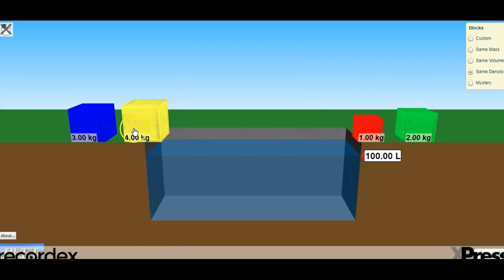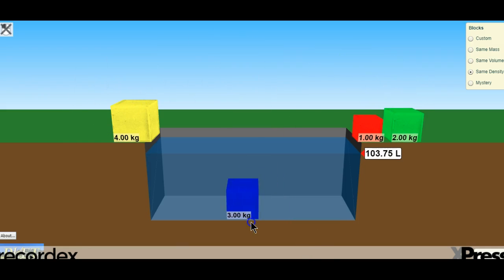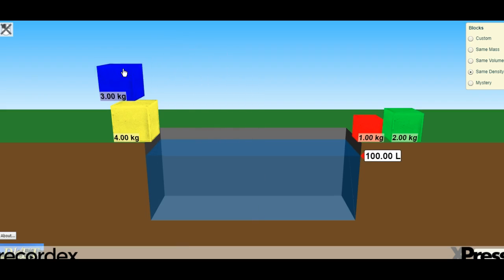So you need weight and you're going to need volume. And this button says same density, so your answer should be the same for all of them.